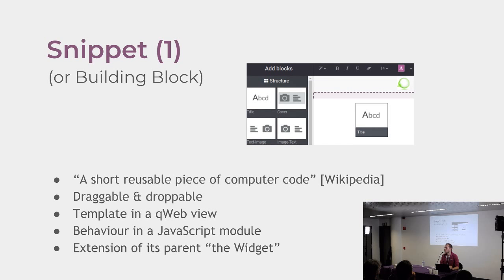So the building block is basically a reusable piece of code without having to duplicate the code entirely. It's drag and droppable on the website, and its content is defined in a QWeb view, like you've seen previously, but the behavior is defined in a JavaScript module.